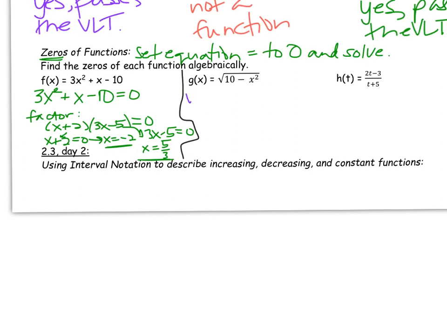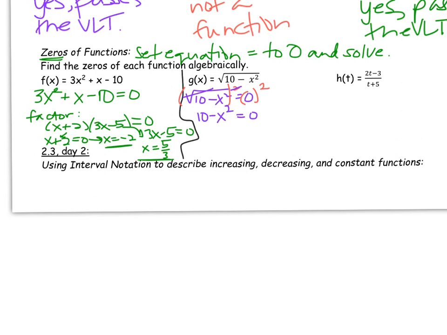If we set it equal to 0 and try to solve for x, the first thing you'd want to do is square each side. And that would get rid of the square root. Well, when that happens, the square root cancels with that squared, but we still have 10 minus x squared left over on that side. And on the right, 0 squared stays 0, so nothing really changed there.